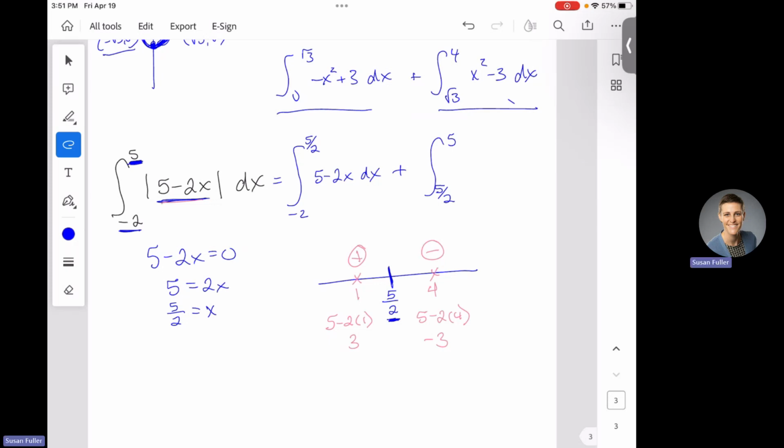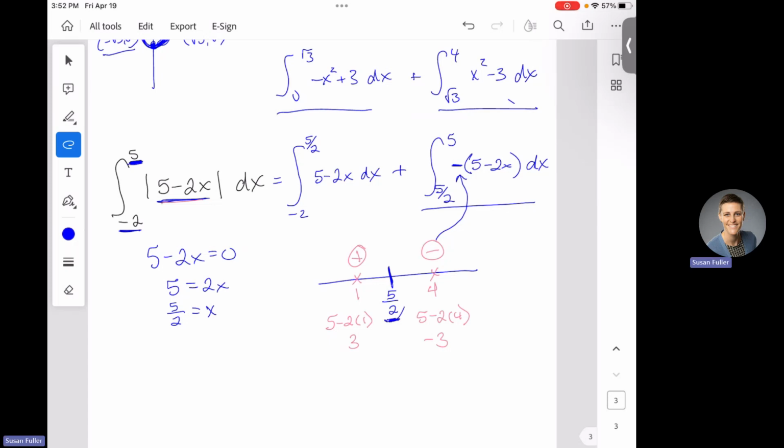And I'm going to integrate the absolute value of a negative. In order to make that negative come back positive, I need to manually multiply that negative by another negative to make it positive. So I'm going to have negative (5 minus 2x) dx. And now this integral will make all of my negative y values become positive, and we've essentially evaluated that absolute value by hand.